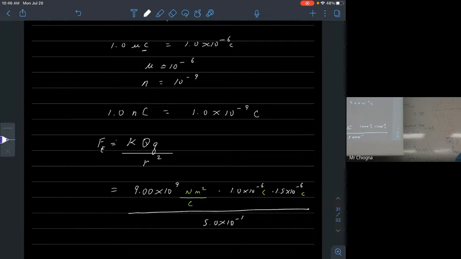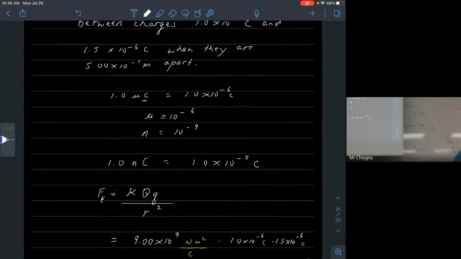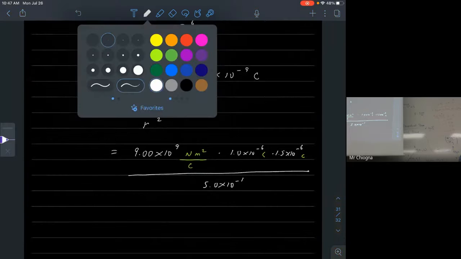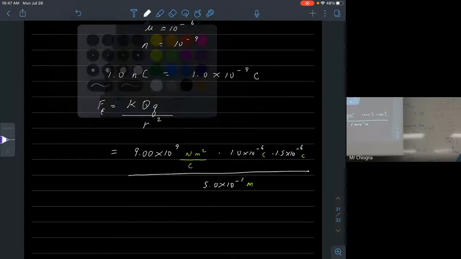Don't forget to square it. This is important, you understand. Some equations are squared. Later on, we'll deal with one similar to potential energy for gravity that is simply 1 over r. Okay, and you got to square this.